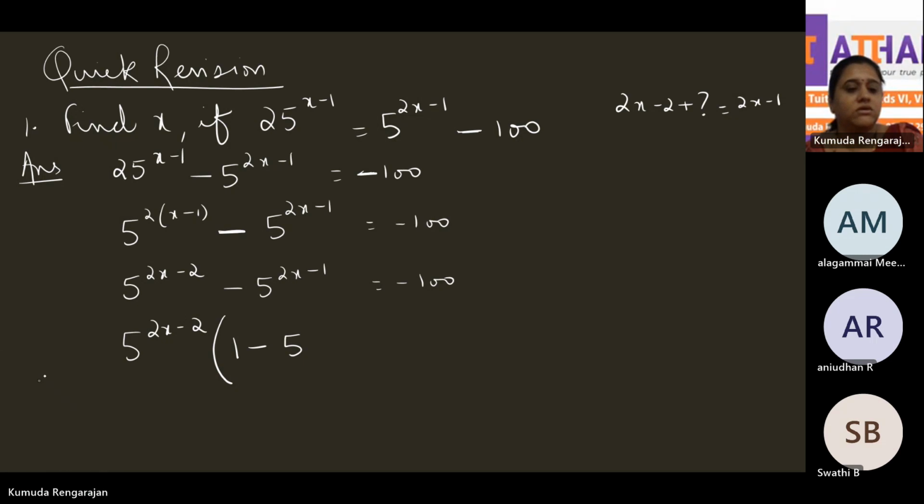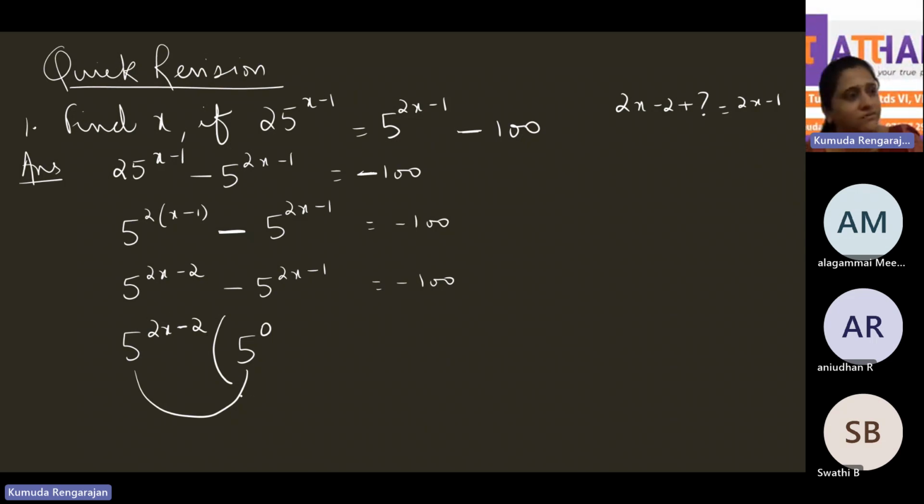Now, 5 to the power 2x minus 2 we have taken common. So that into what will give you the first term? Into 1. So that means 5 to the power 0. This into this will give you the first term, right? Into 1 because the same thing is common.